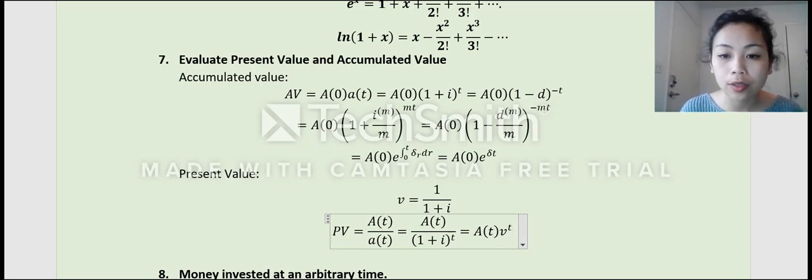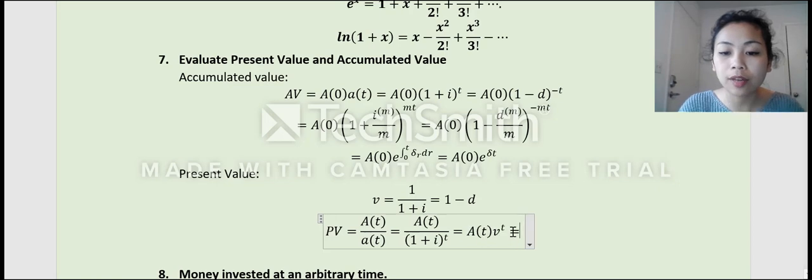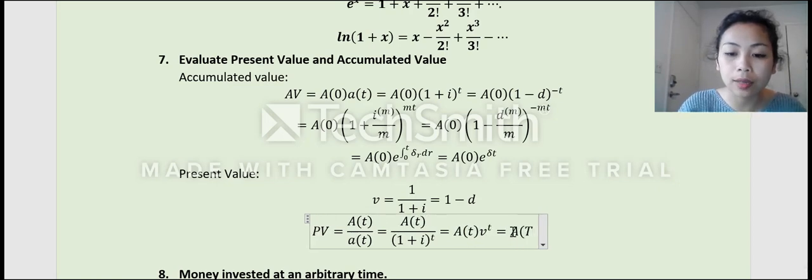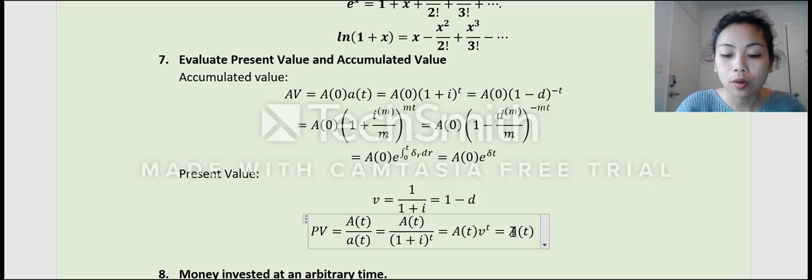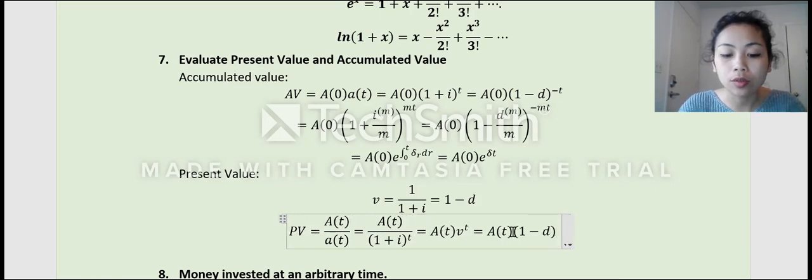If you are using nominal rate, v equal to 1 over 1 plus i, and this is the same as 1 minus d. So the present value is also equal to A(t) times (1 minus d) to the t.